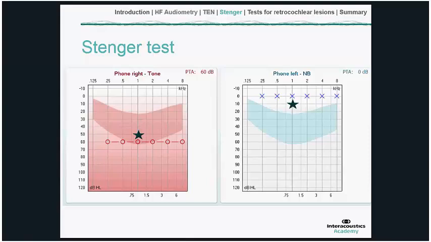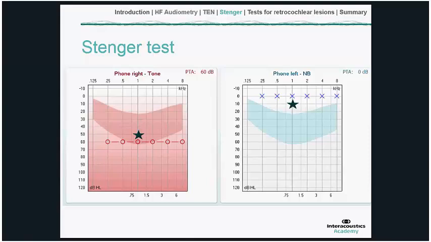We suspect perhaps that there's a non-organic component to it. So we decide to revert to our Stenger test, and these black stars illustrate the stimulus setup. In the good ear on the left, it's just above the pure tone threshold, and in the poor ear on the right, it's 10 dB below the pure tone threshold.